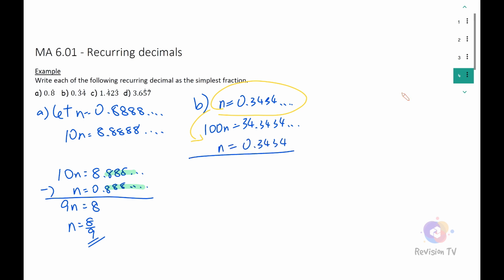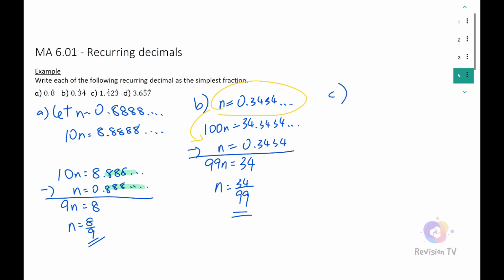Make sure when you take away, the decimal points line up, so the 3434 behind the decimal point and 3434 behind the decimal point cancel out. So 34 minus 0 is 34. 100n minus n is 99n. So n equals 34 divided by 99. Now you know this can't be simplified because there are not many factors of 99: 1, 3, 9, 11, 33, etc. But 34 is not divisible by 9 or 3, so we don't have to simplify anything.